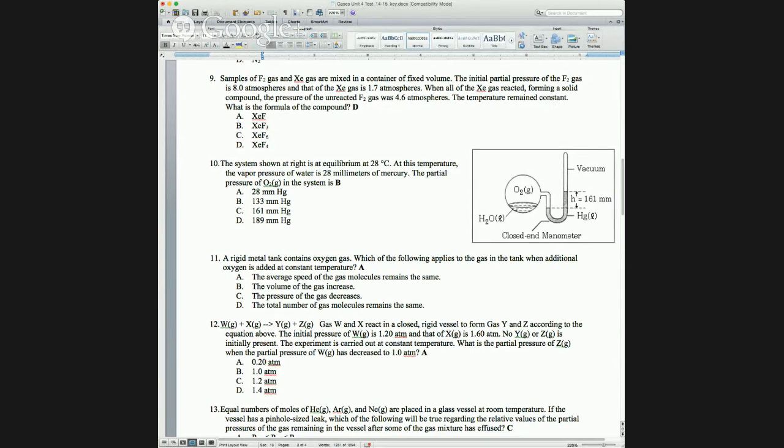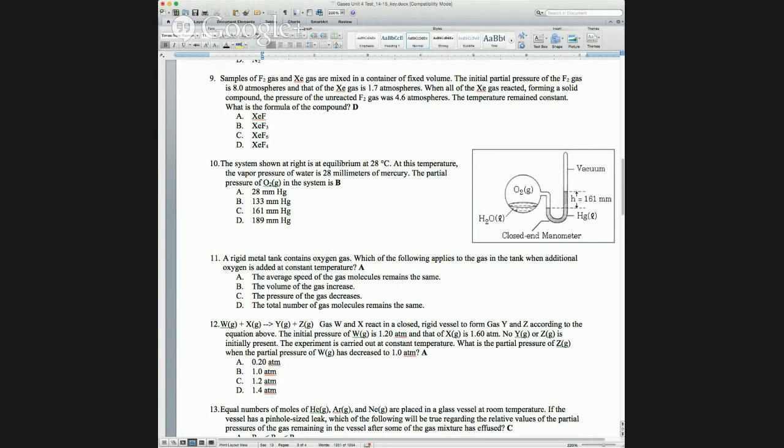So they're saying that right here, the vapor pressure is 28 millimeters of mercury. And this tall column right here is millimeters of mercury.